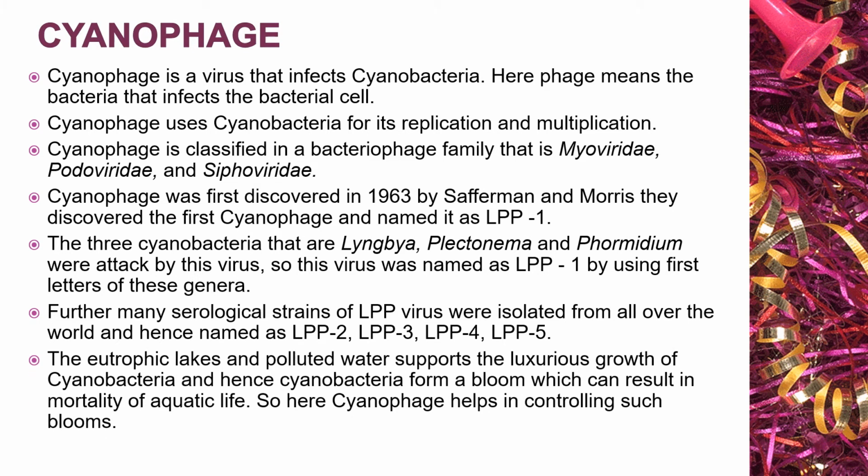Now the eutrophic lake and polluted water support the luxurious growth of cyanobacteria. This eutrophic lake and polluted water provide a large number of nutrients for cyanobacteria and hence support its luxurious growth. Hence cyanobacteria form a bloom which can result in mortality of aquatic life.